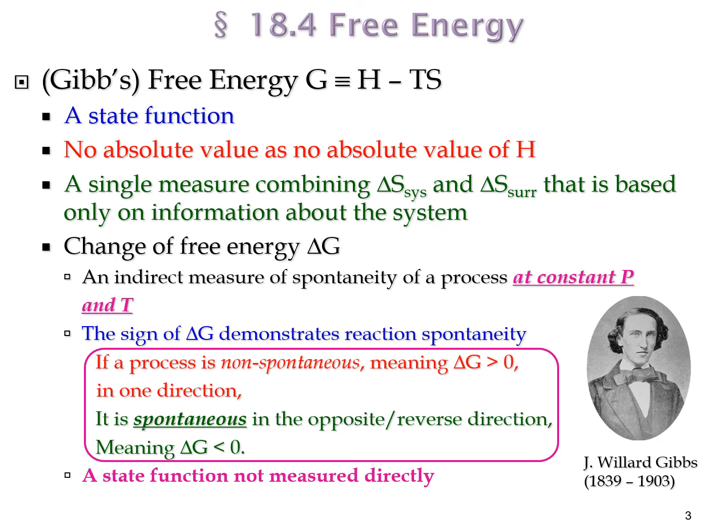One other thing I'd like to point out, if you do not realize the word indirect in this statement. Indirect means we cannot measure it directly. The delta G actually is not something we can measure directly from the experiment.